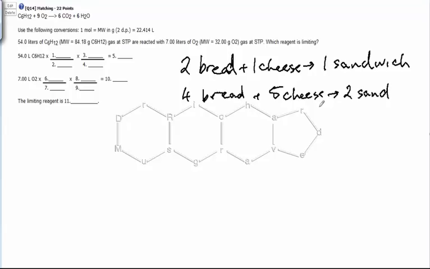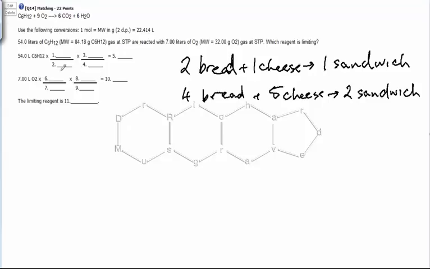As you can see, the bread would be the limiting reagent. Bread gets used up first, and we would end up having 3 slices of cheese left over. And the reason we know it's 2 sandwiches is we take the 4 bread and we divide it by 2. That tells us we're going to get 2 sandwiches at the end.